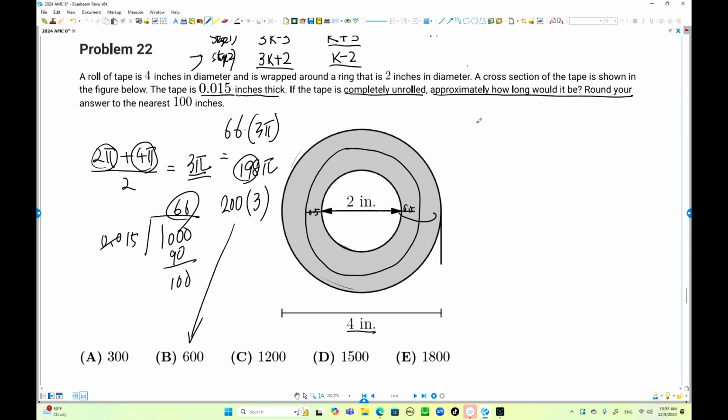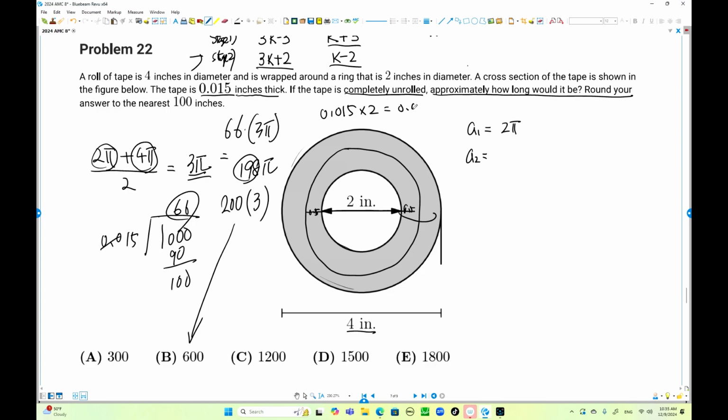Or you can do it this way. The first tape's length we know is 2 pi. For the second one, the radius increases, so the circumference increases by 0.015 times 2 on each side. The new diameter increases by 0.03 when you multiply.